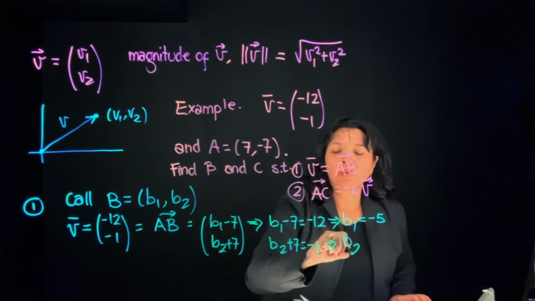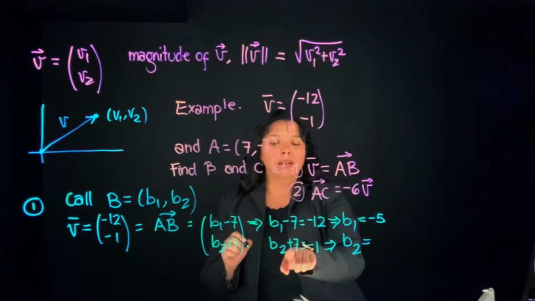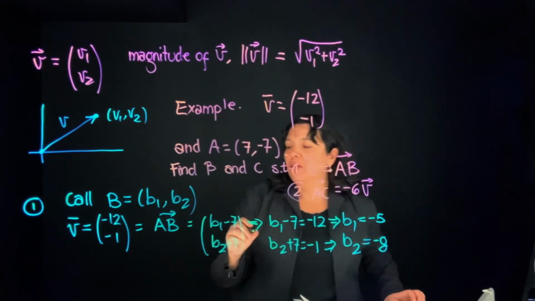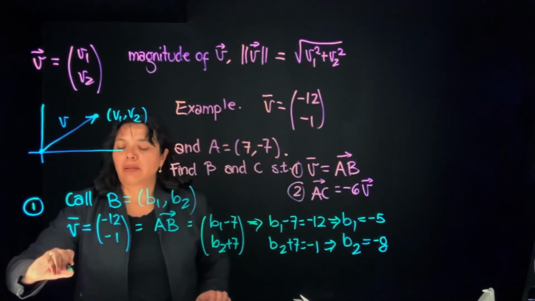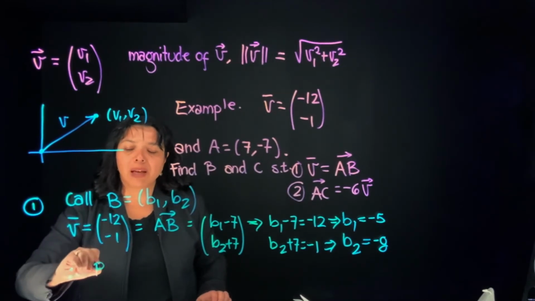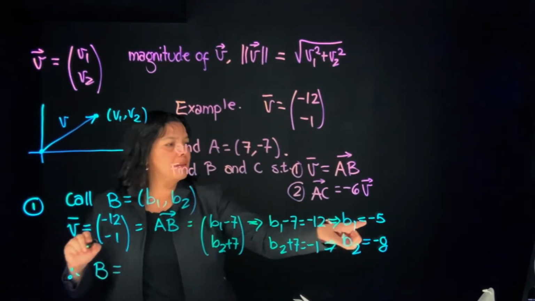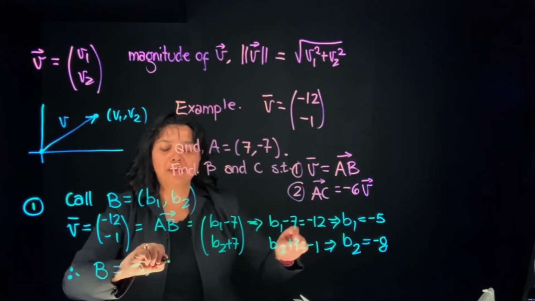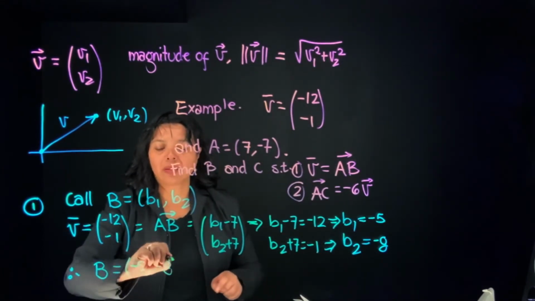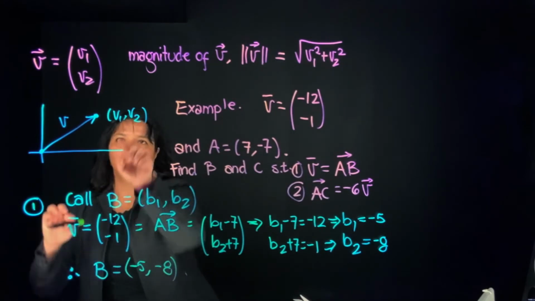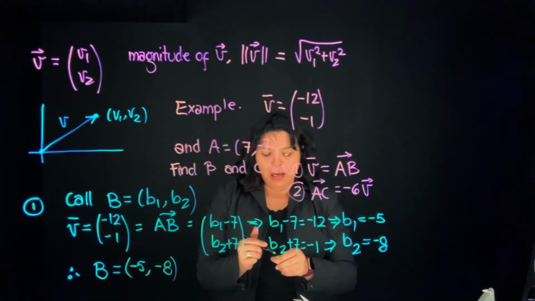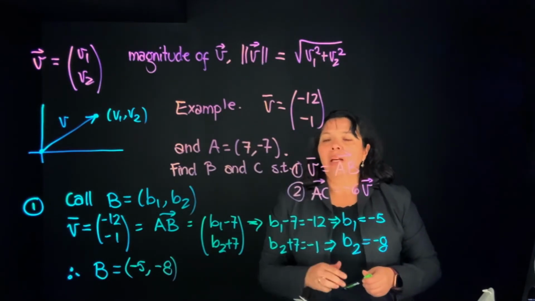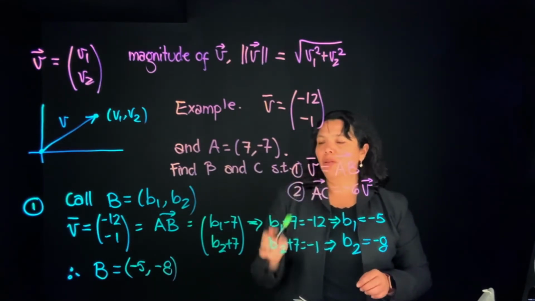And B2 is -1 minus 7, so -8. So as a consequence of this, I get that my B is -5, -8. And sorry, this was a point because remember B is just a point, not really a vector. Okay, so we got the solution for the first one.